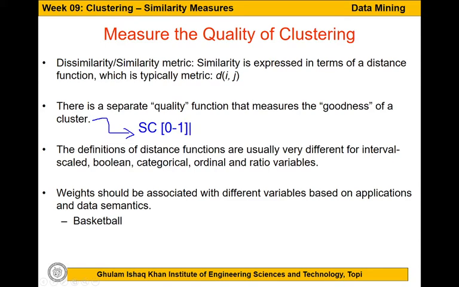For instance, if you have done your clustering, how we do clustering I'll be discussing in the coming lectures, various algorithms to cluster the data, but let's assume that we have clustered the data and we have got the results, that okay, the first 6 records are in cluster number 1, 5 records are in cluster number 2, and 8 records are in cluster number, let's say, 3.